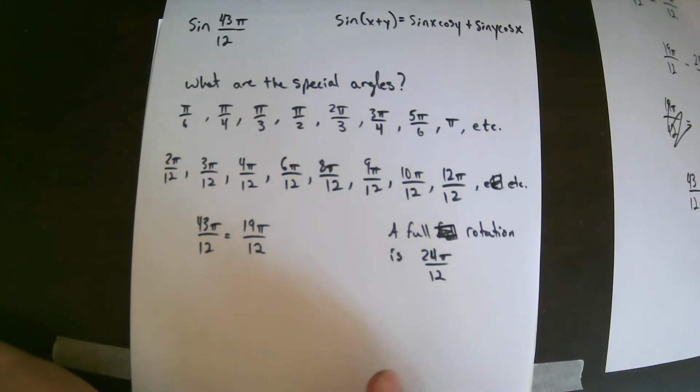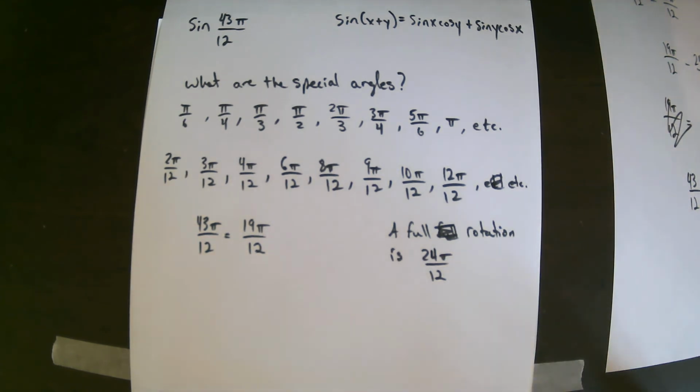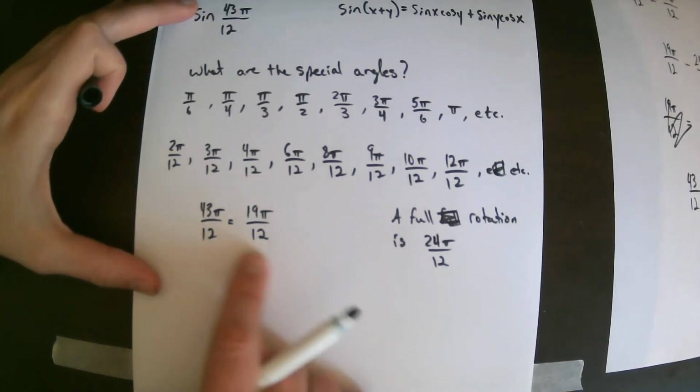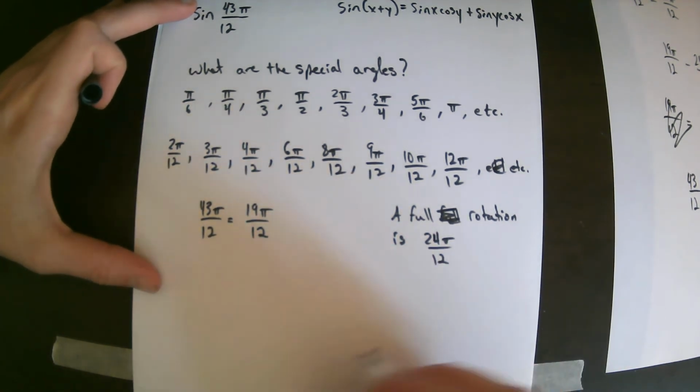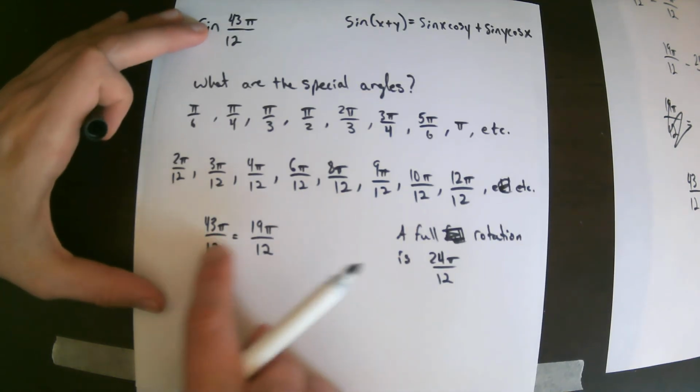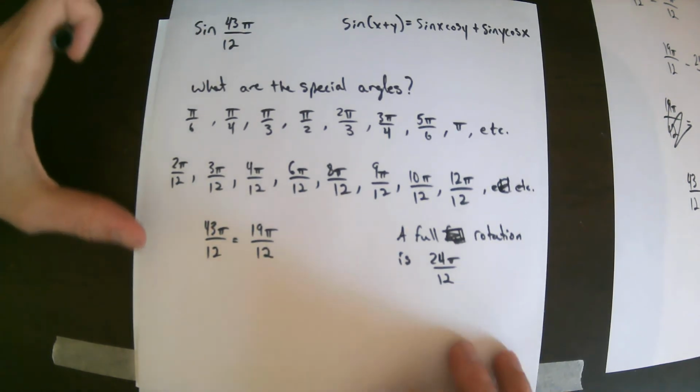We can write it just like that. So this is exactly the same angle. I'm not pulling it apart. It's just removing that extra full rotation from 43 pi over 12.